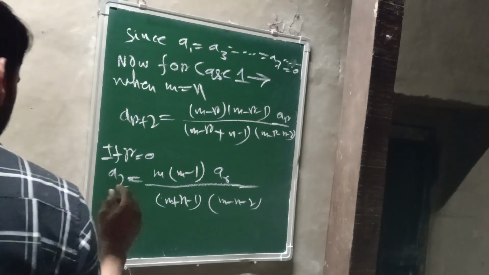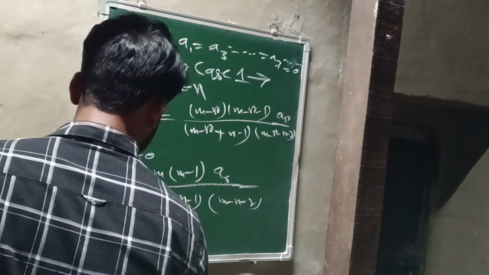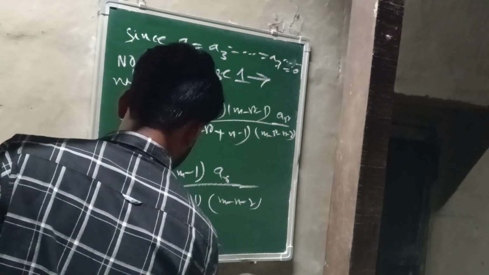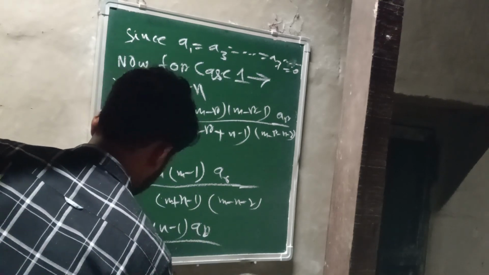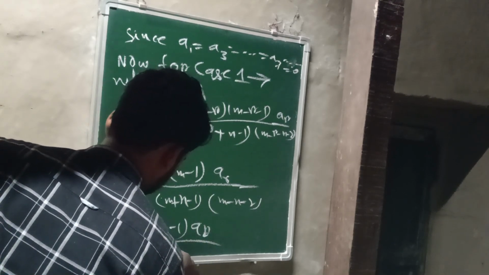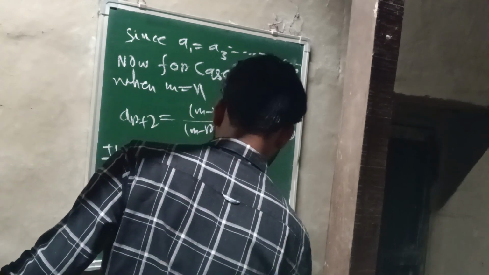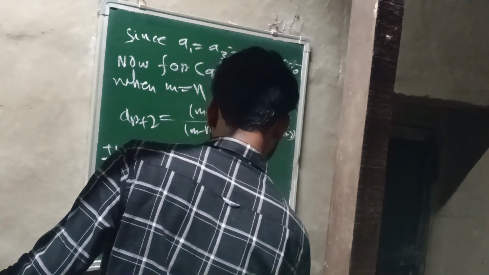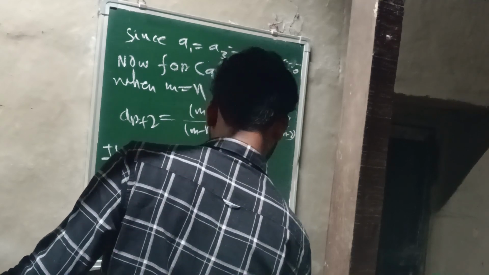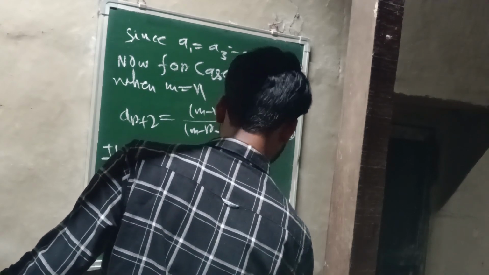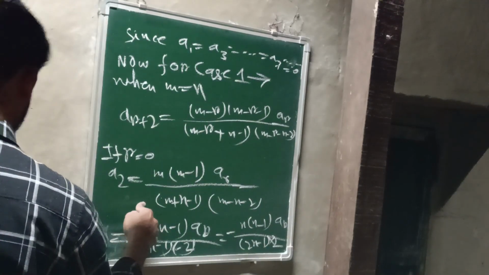Here m equal n, then a2 equal minus of n into (n minus 1) a0 divided by (2n minus 1) into 2. This is the value of a2.